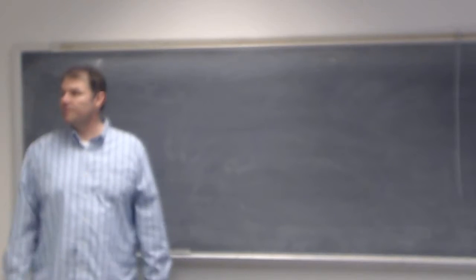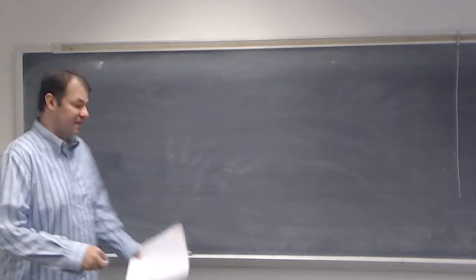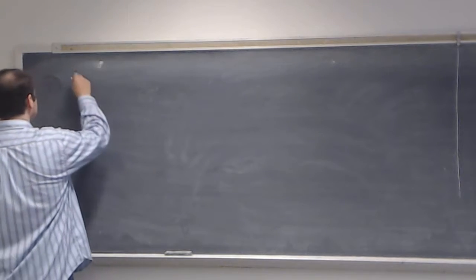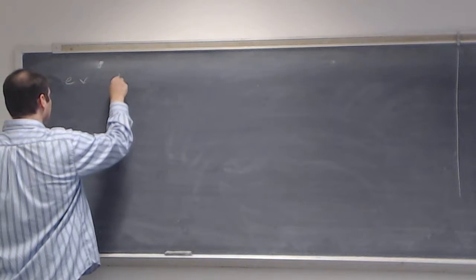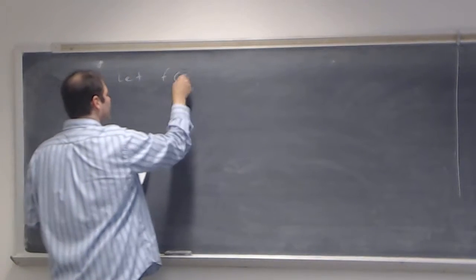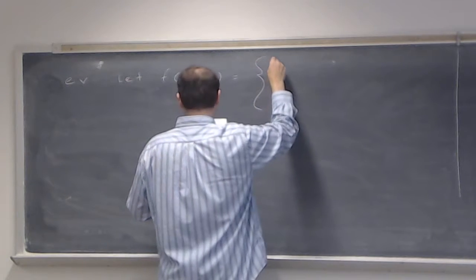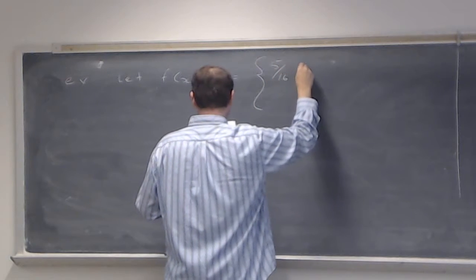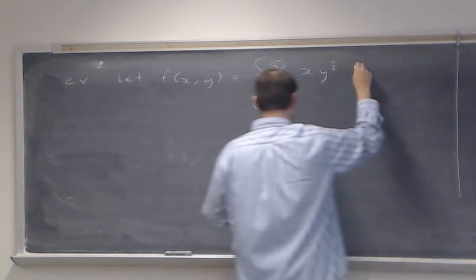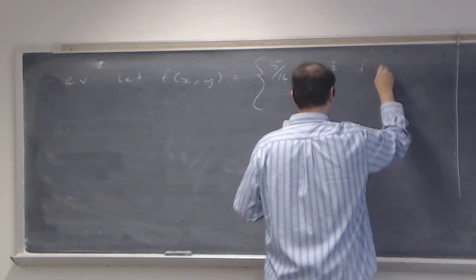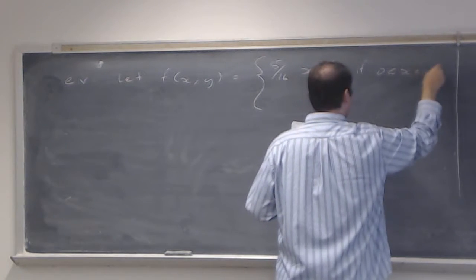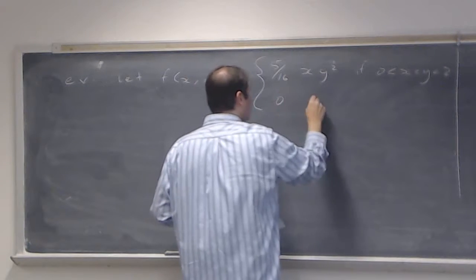Okay, so it's a little fuzzy, there we go. So, for example, for the continuous one, another example, we're going to let f of x comma y, this is something we're familiar with, be defined by 5/16 x times y squared if we have 0 less than x less than y less than 2, and 0 otherwise.